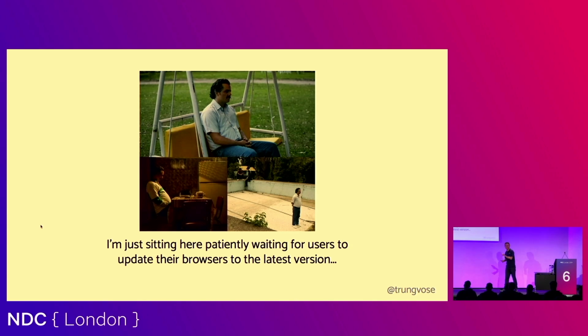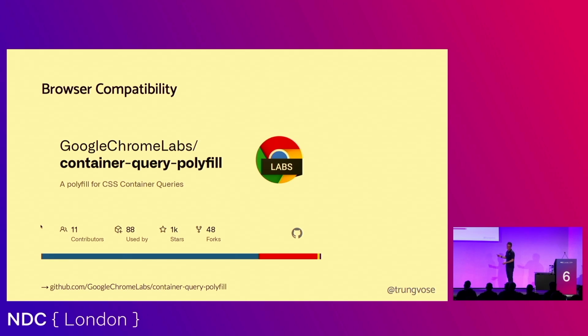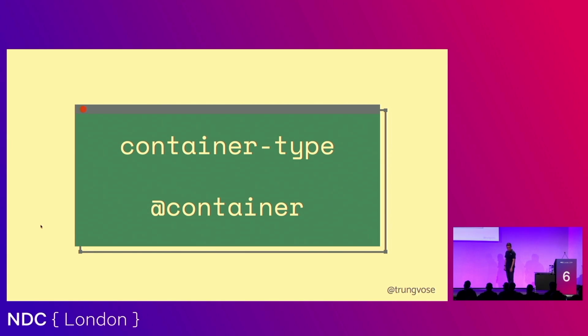You can try it when you write code, but waiting for everyone to upgrade to the latest browser doesn't work well. So you can use a polyfill if you want to try it just on the staging environment, just to see. I think the key takeaway is container type, and then you add a container query. Two steps really: define the container and then query for it.